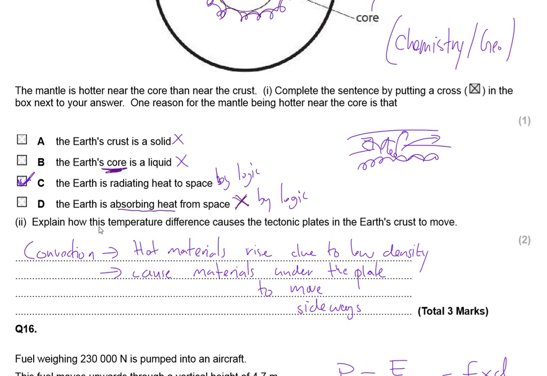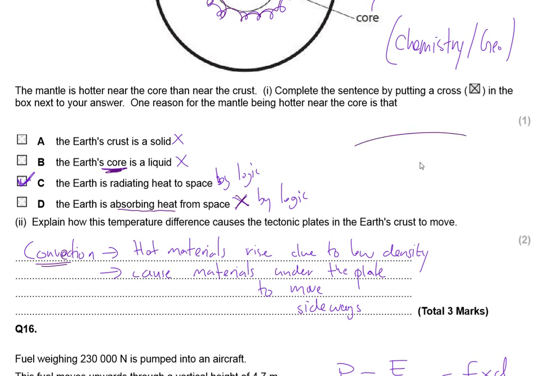Now this next question is how the temperature difference affects this. This is to do with convection. It is one of the ways energy is transferred. The hot materials rise up. Why do they rise up? Because they have a lower density, because they've been warmed up, and this causes the materials under the plate to move sideways. So there's something I've drawn here, which I'm going to show you again.